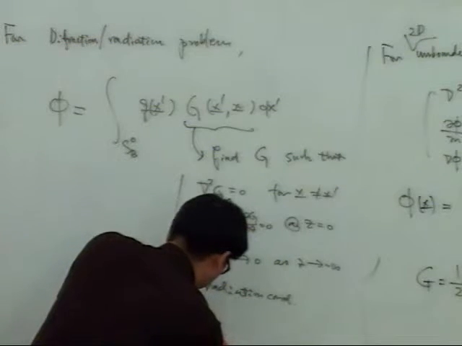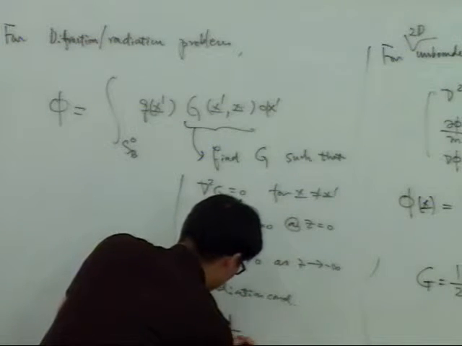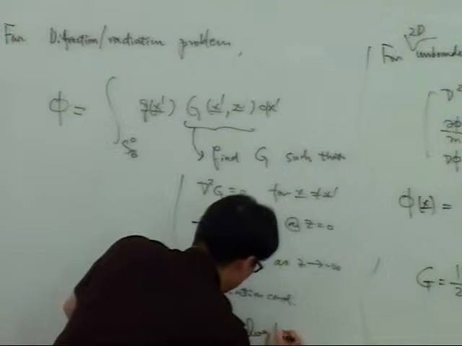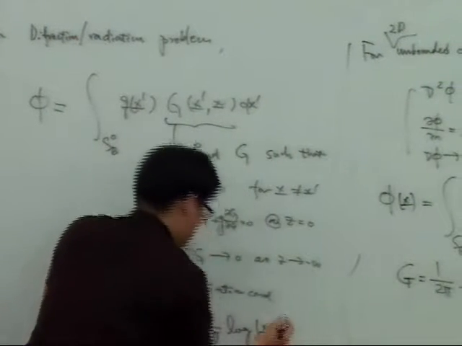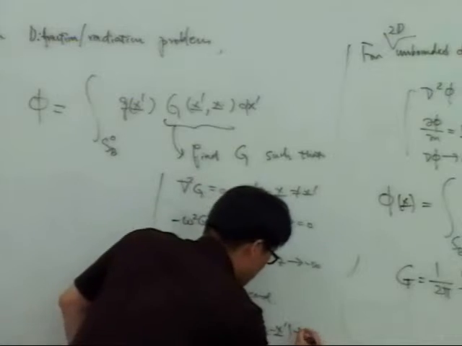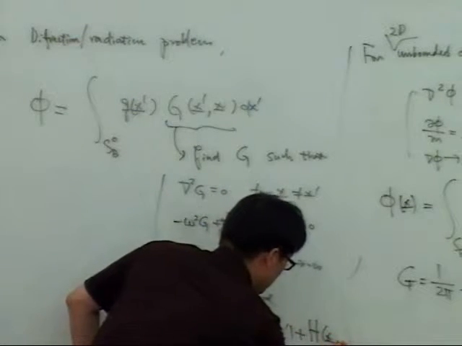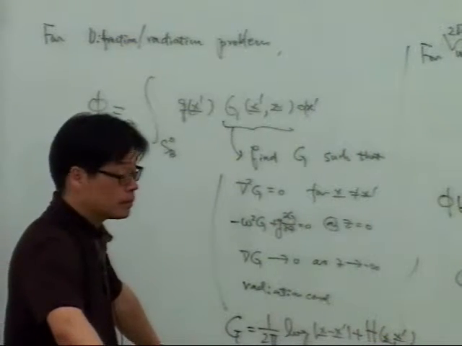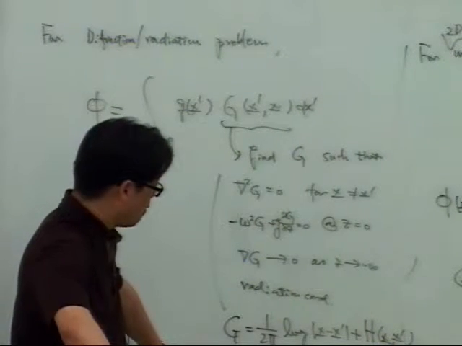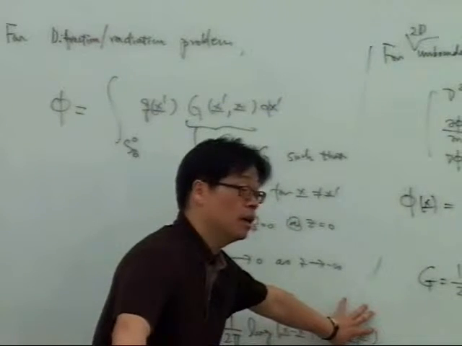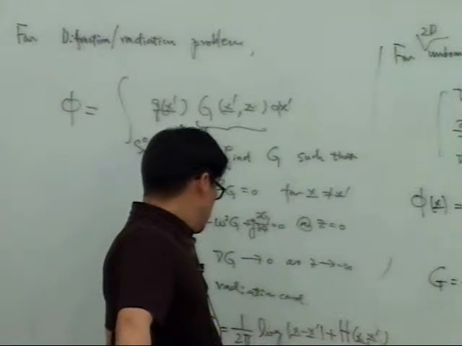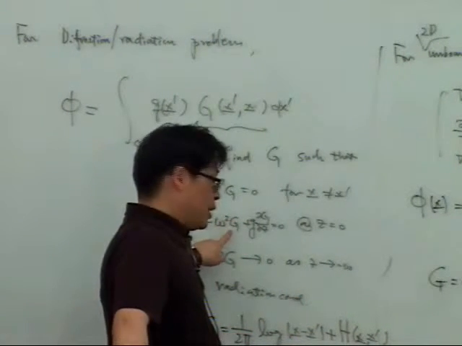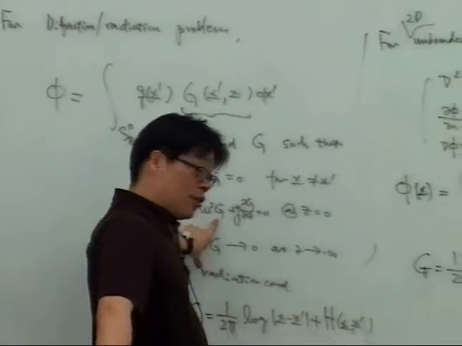So G will be basically 1 over 2 pi log like that, plus something else which we have to find. Without H, this guy doesn't satisfy the free surface boundary condition and radiation condition.